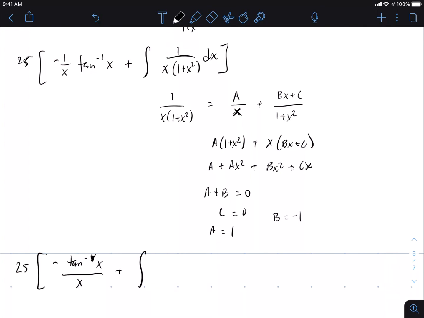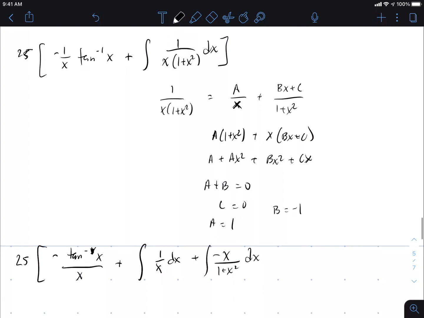So it's going to be the integral of 1 over x dx plus x minus 1 over 1 plus x squared dx. Ooh, I'm sorry, my bad. That should just be a negative x. Do you agree with that? Yes.